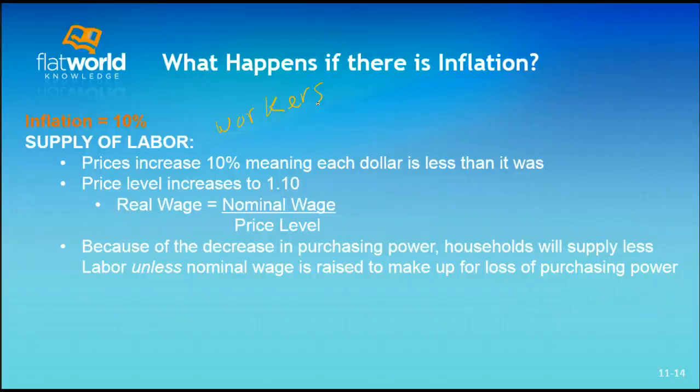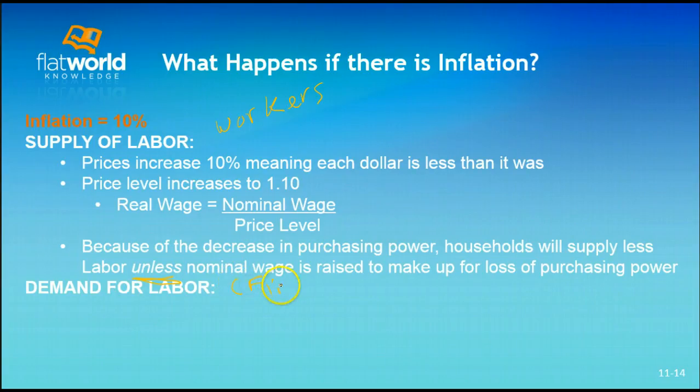Because they're not getting as much from their wage, because it doesn't buy as much. They will want to decrease the supply of labor unless the nominal wage is raised to make up for their loss of purchasing power.